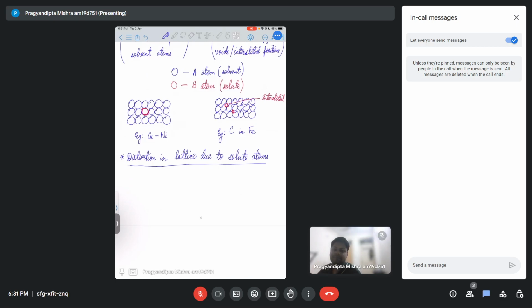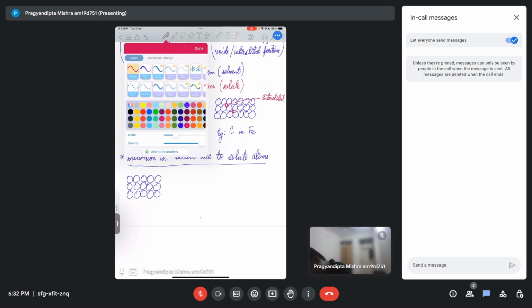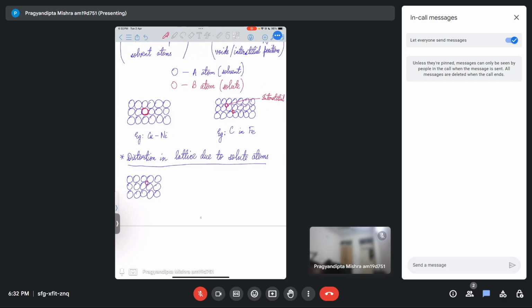Let's start with the interstitial solid atom. Let's redraw this, something like this again. Let's say I have an interstitial atom somewhere here. Let me use a different ink. So this is where an interstitial atom is present.